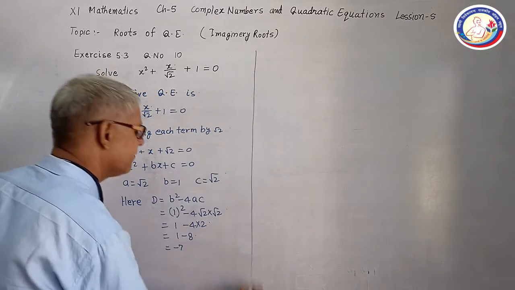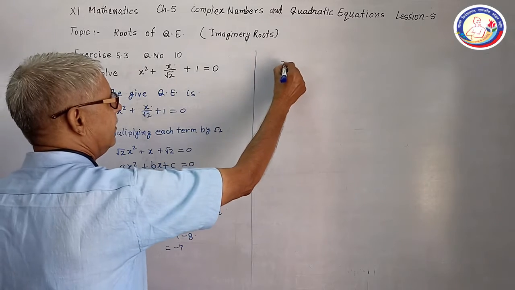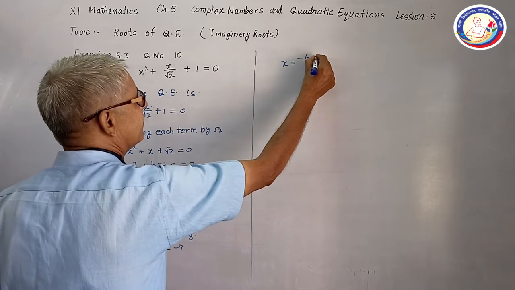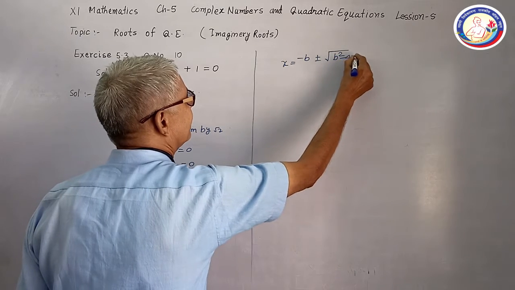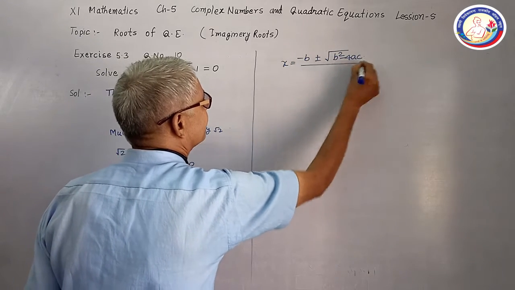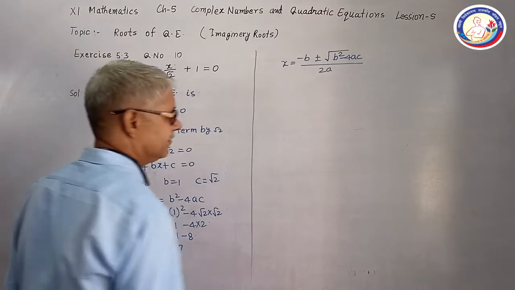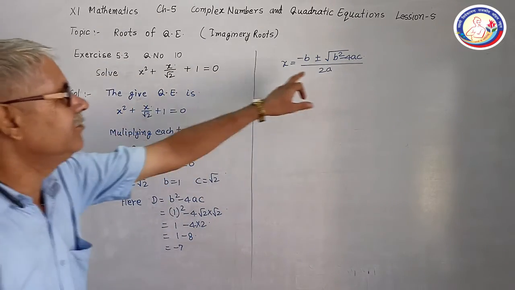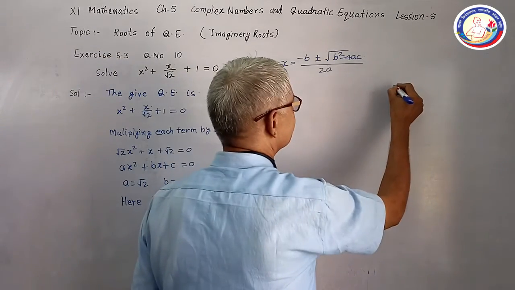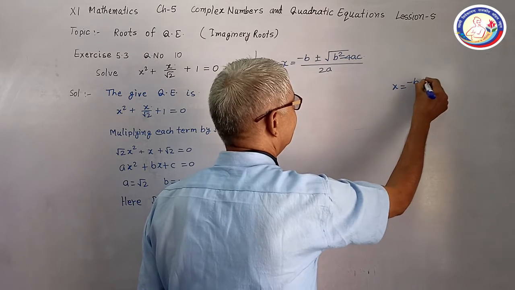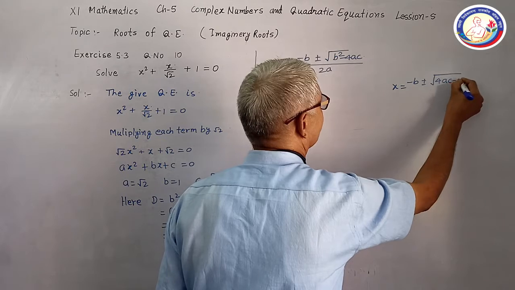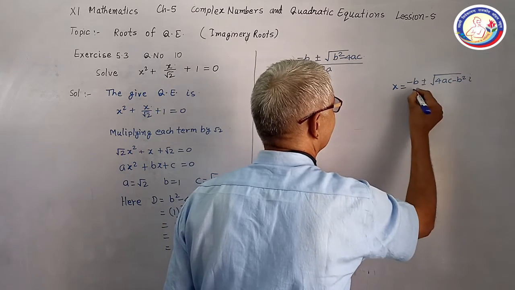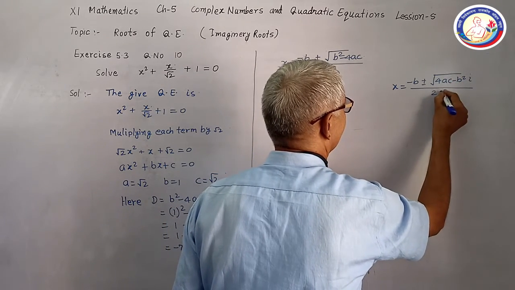Using the formula x equal to minus b plus minus square root of b square minus 4ac upon 2a, we can find easily. Or we can use in place of this x equal to minus b plus minus square root of 4ac minus b square into iota divided by 2a.